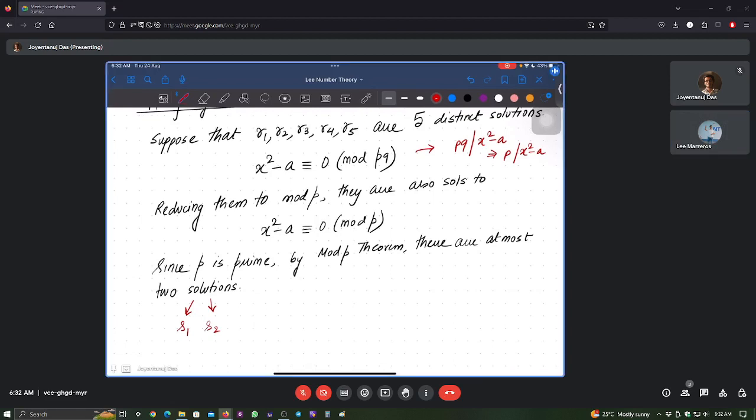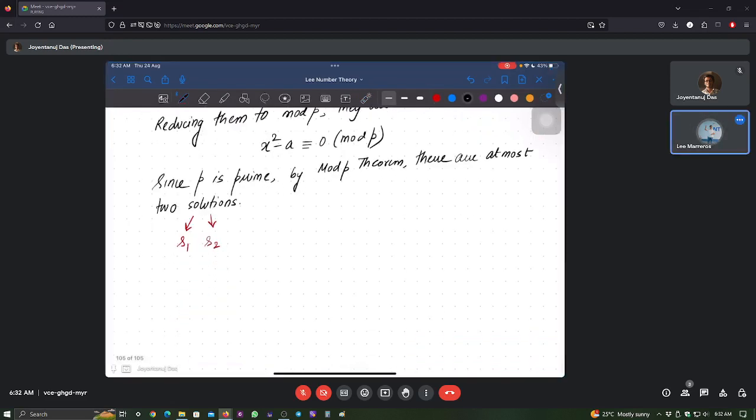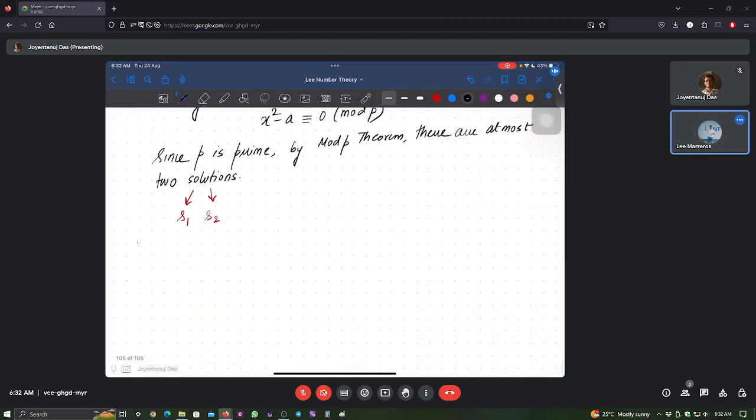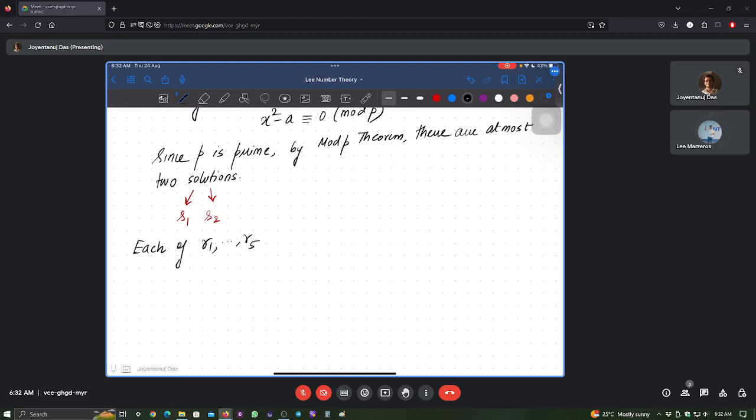But the thing is, there are five solutions, and this equation has two solutions, S1, S2. So what we can say is, each of R1 to R5 must be congruent modulo p to one of S1 or S2, right?